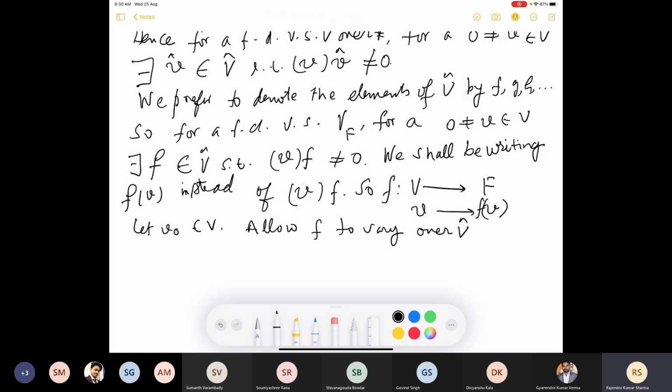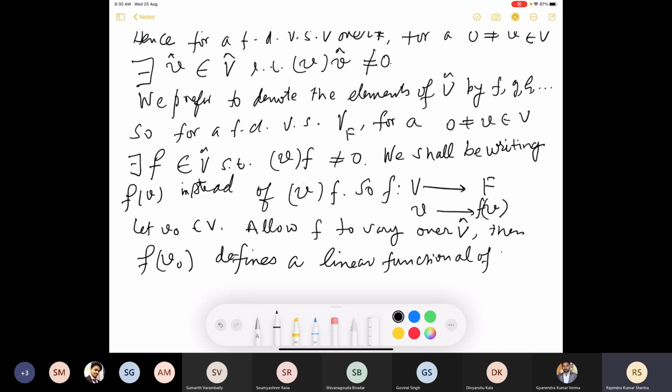So v naught is fixed. Then f(v naught) defines a linear functional on v hat into F.